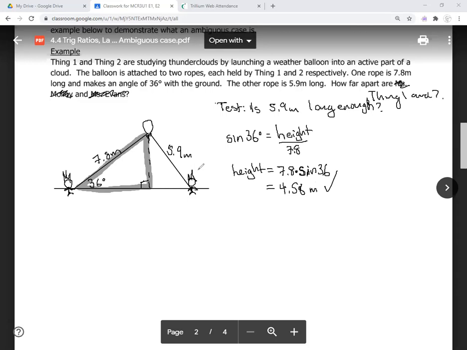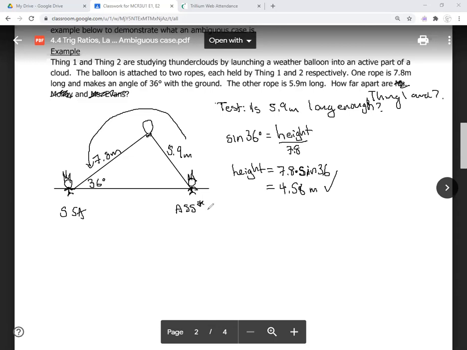So let's pretend this is grade 10. We're going to go ahead and solve this triangle. This is an example of side side angle if I go in this direction. But if I go in the other direction, you will get ASS.